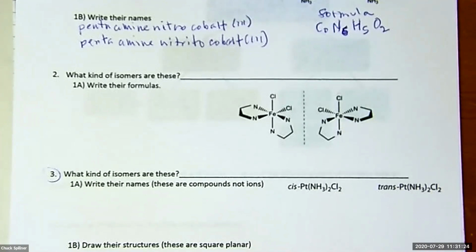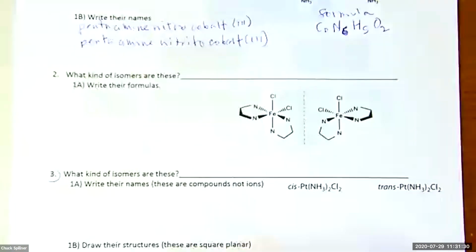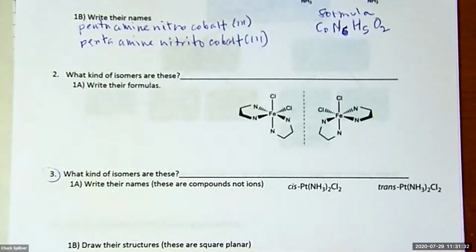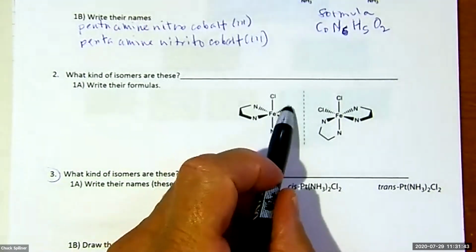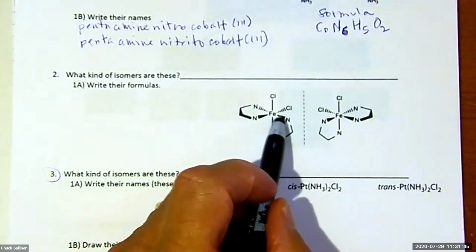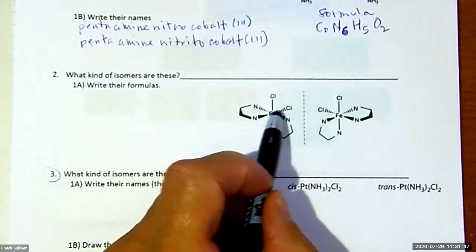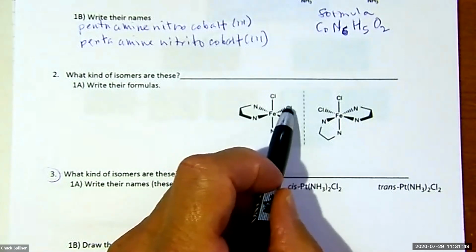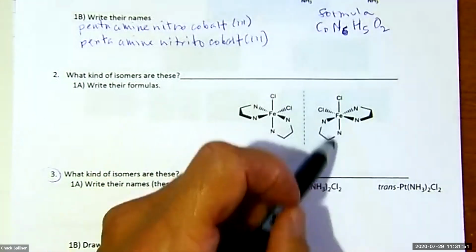Okay, number 2, what kind of isomers are these? Well, let's look at those. These look like they're octahedral. So let's say they're octahedral, first of all. You have to recognize that. So it looks to me like they're mirror images, and this little dashed line looks like a mirror. So this one, see this has a nitrogen in front, chloride ligand in the back, chlorine up here, nitrogen.